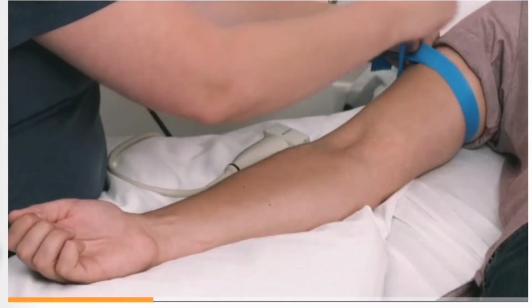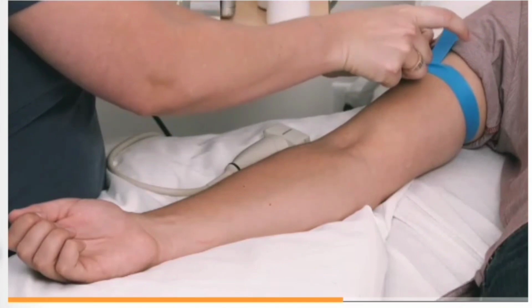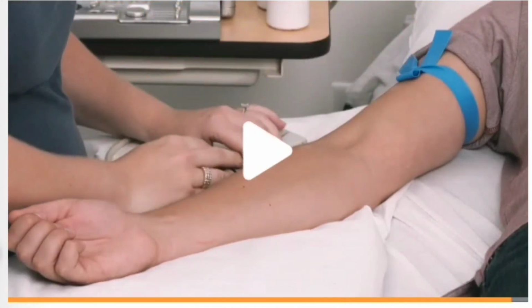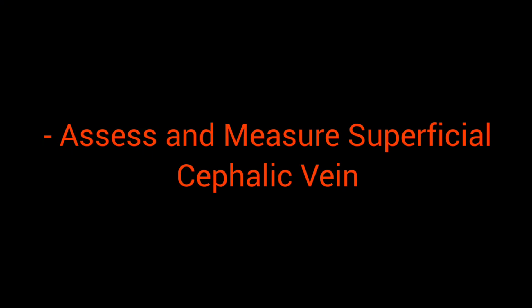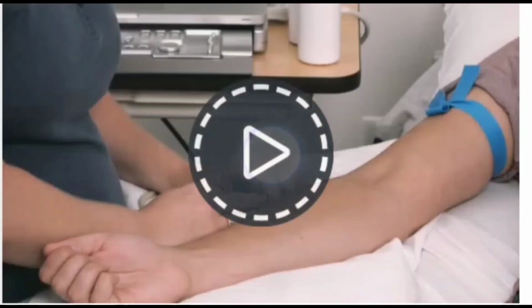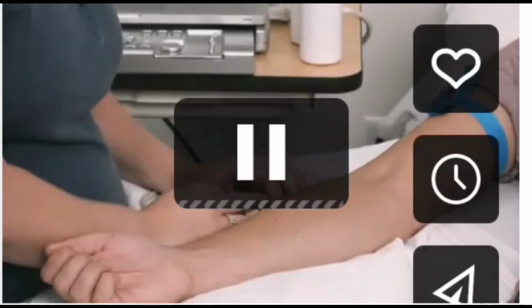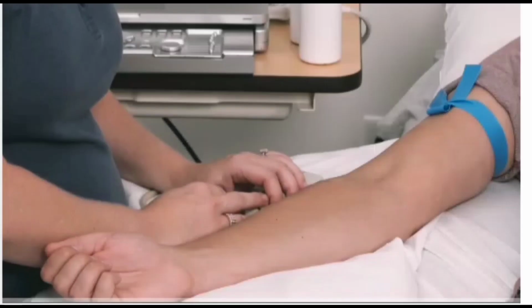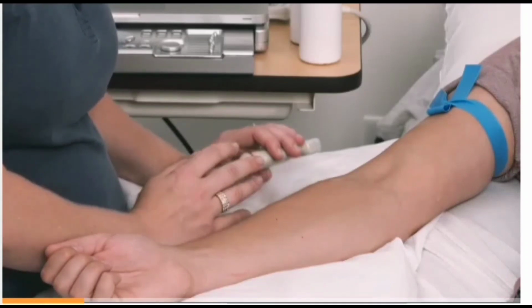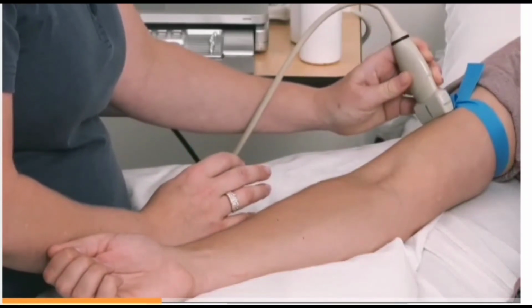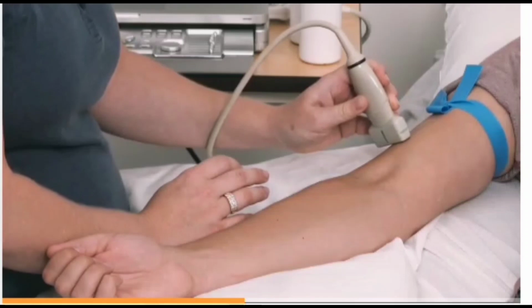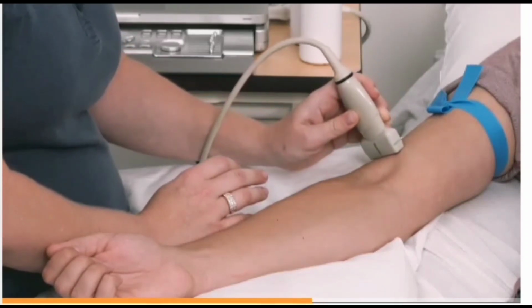Prior to vessel mapping, make sure you've placed a tourniquet on the patient's arm. Assess and measure the superficial cephalic vein, measuring the proximal, mid, and distal locations in the upper arm.